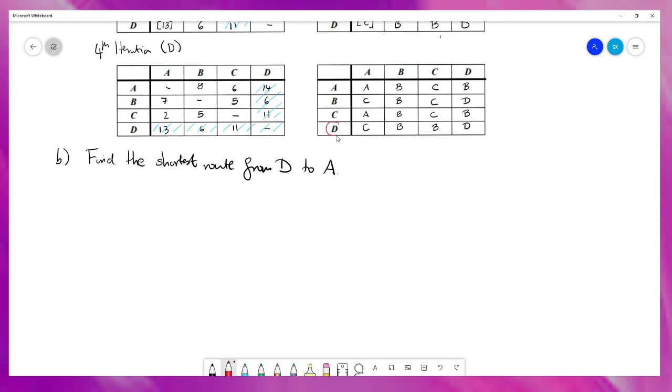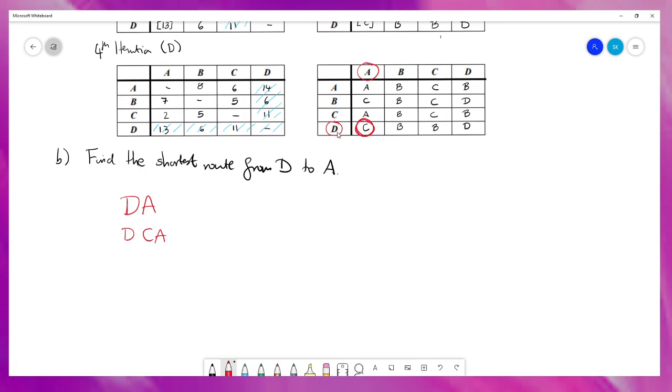So we're going from D to A. We can see that we need to go through C, so our route is going to become DCA.